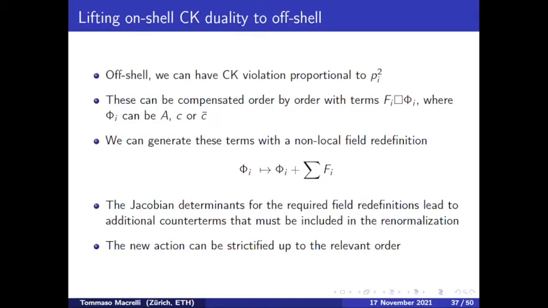Now, considering a non-local field redefinition leads to an equivalent theory. The problem is that the Jacobian determinants will lead to additional counterterms, and we need to consider these counterterms for the full scattering amplitude and for the renormalization. Now we will be interested only in the loop integrands.